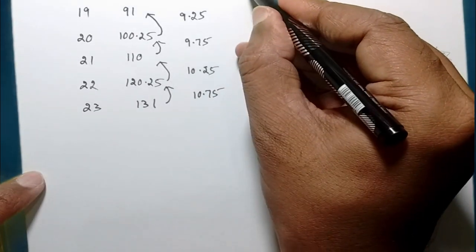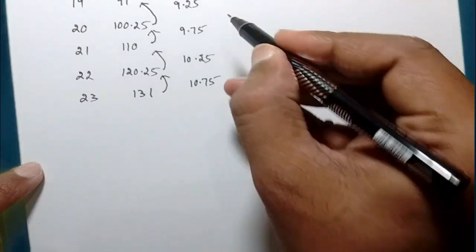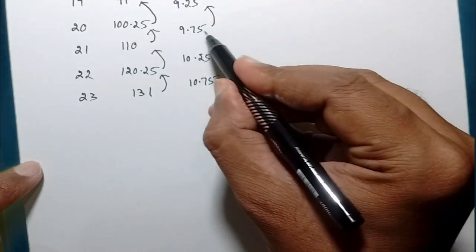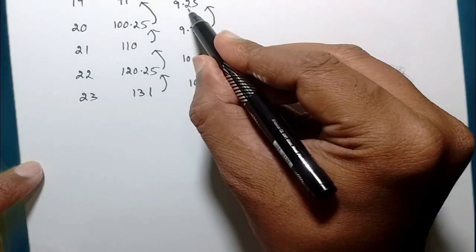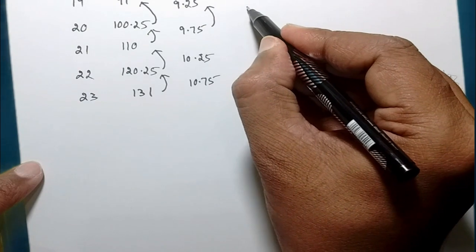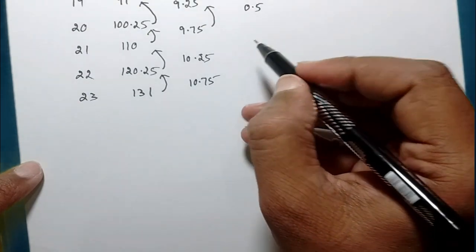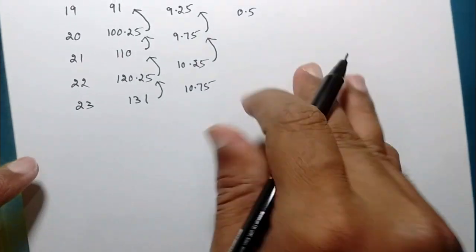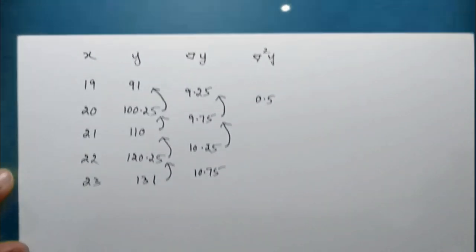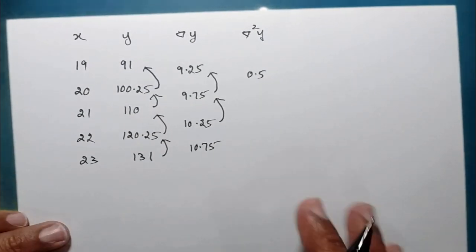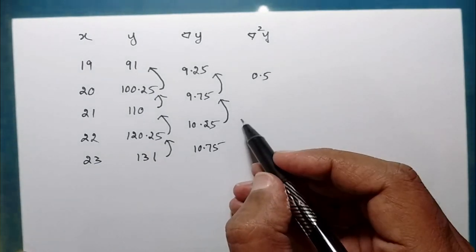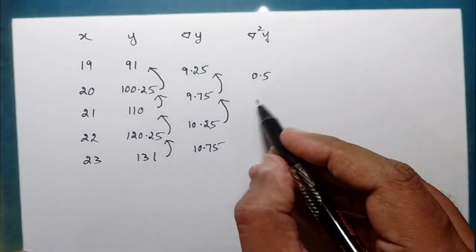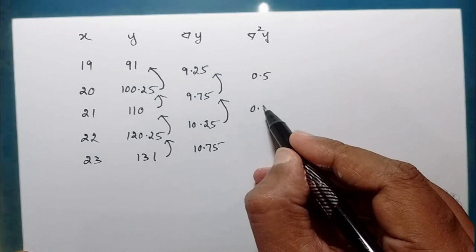10.75. Go for the second difference. Again this difference: 9.75 minus 9.25. Check how much you're getting. 0.5. Then 10.25 minus 9.75, how much? 0.5.